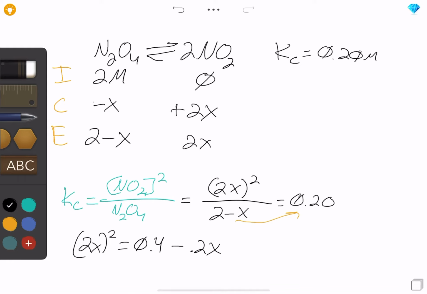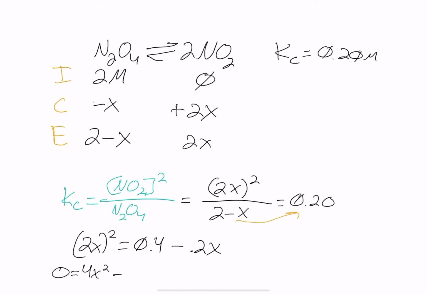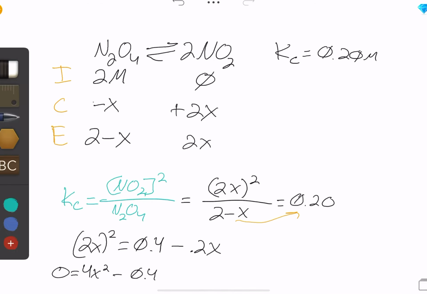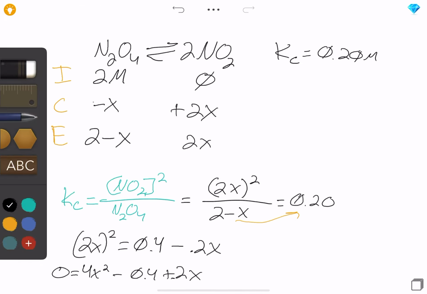Now we can take care of the left side of the equation. It'll be 4x squared equals 0.4 minus 0.2x, so moving terms over, 4x squared plus 0.2x minus 0.4. Okay. So if we set this equal to 0, now we're ready to solve with the quadratic formula.